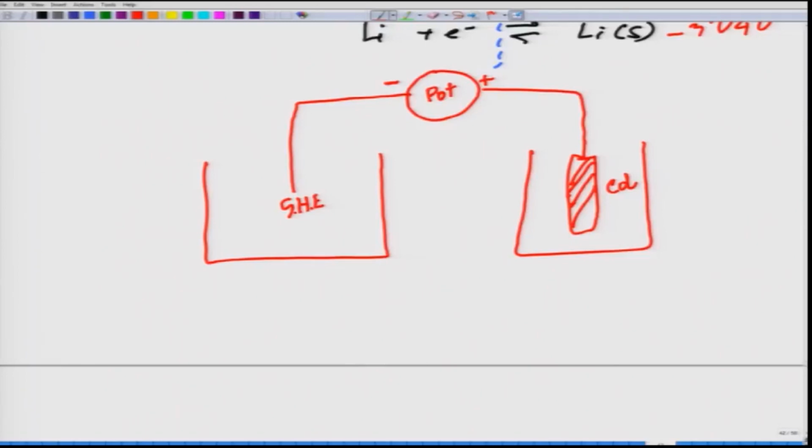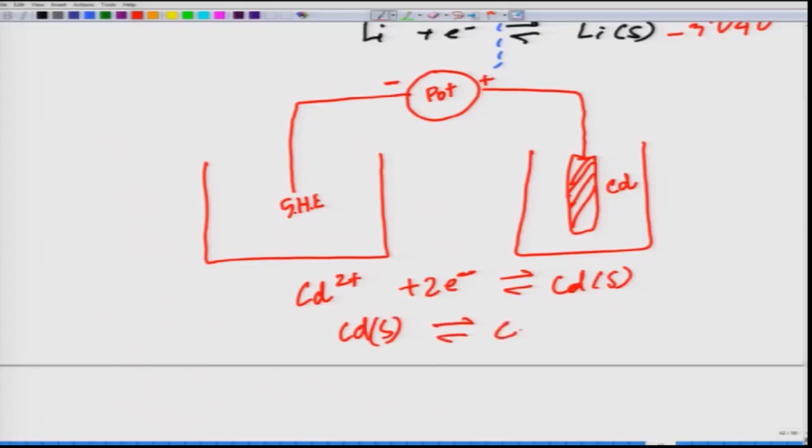Okay. Now, in this situation, in order to measure the standard potential of the half reaction of cadmium 2 plus 2 electron making cadmium, or in this situation it is basically cadmium going to Cd2 plus 2 electron, where it is giving away these 2 electrons. Okay. So, this is the situation.